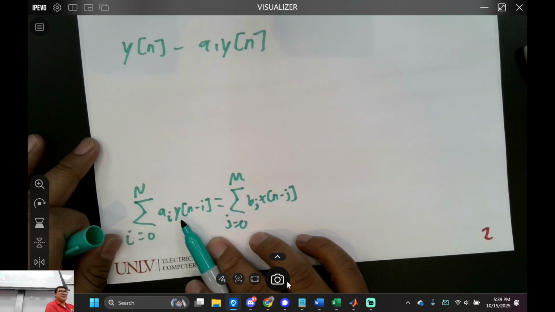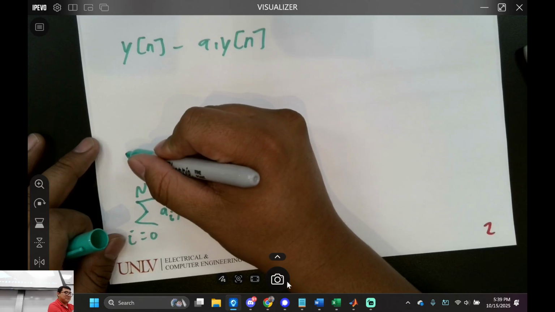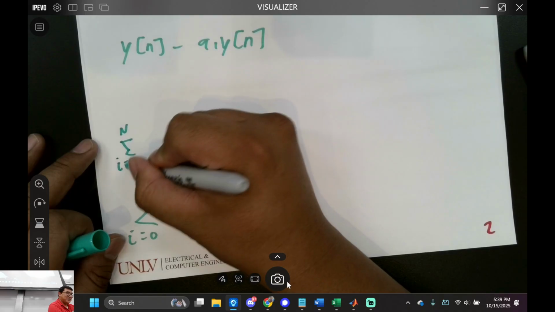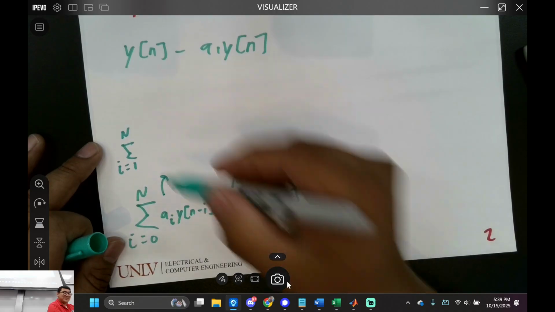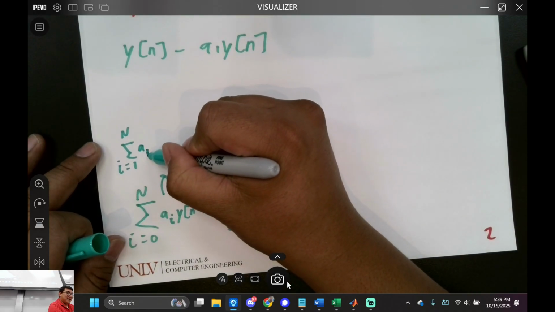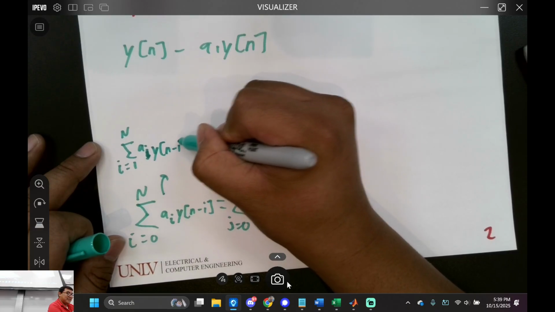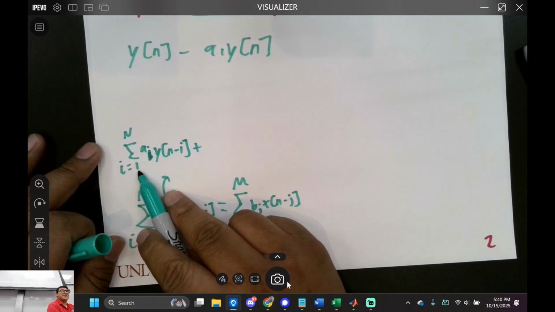But what happened when we popped out the first term, right? We can rewrite this as, watch this. Are you guys paying attention? i is equal to 1, all right? I siphoned out the first point, correct? a i y of n minus i plus, I want the 0th term, right?